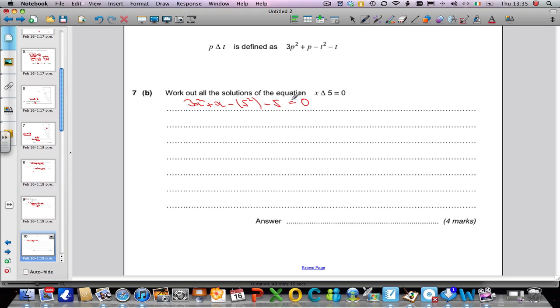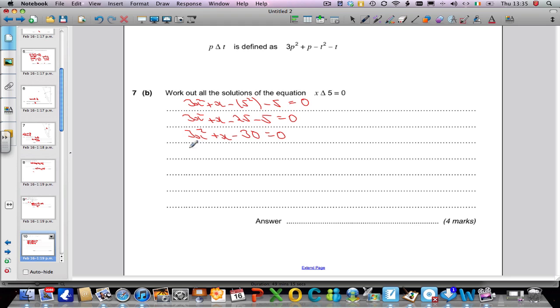And that should be equal to 0. So that means 3x squared plus x minus 25 minus 5 should be equal to 0, which tells me that 3x squared plus x minus 30 should be equal to 0.